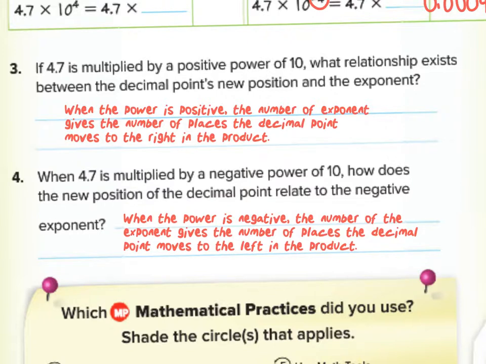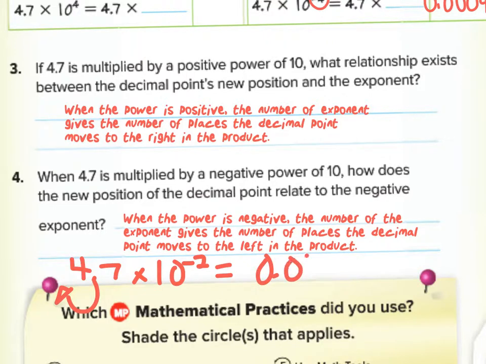Same as I mentioned before. Let's say 4.7 times 10 to the power of negative 2. It's going to tell us how many times it's going to move to the left. So it's going to move 2 times. It's going to be 0.047. It went from being here, 1, 2.